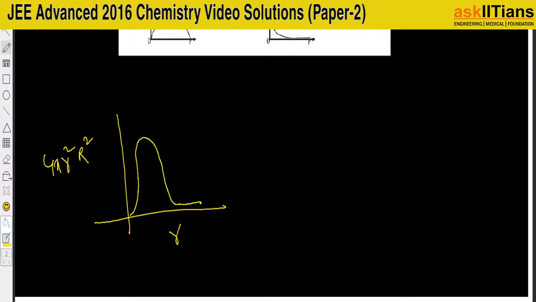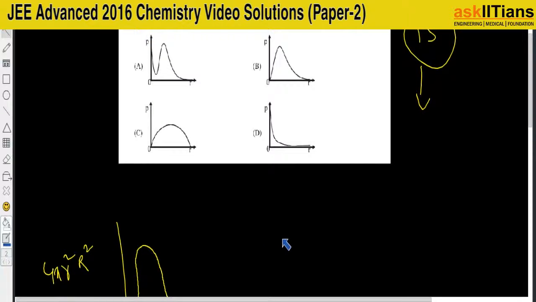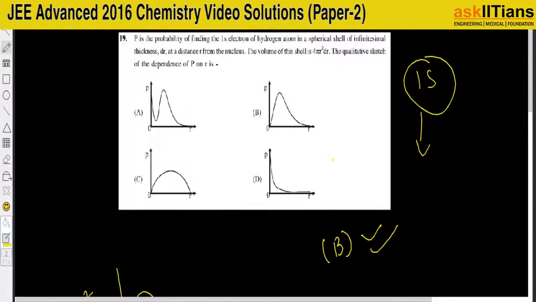I'll be having no electrons. So that is why the correct answer for this has to be your B part. So we'll say that yes, option B will be correct over here for this question.